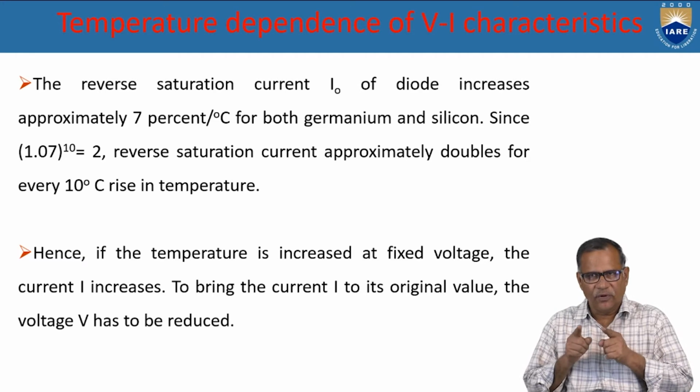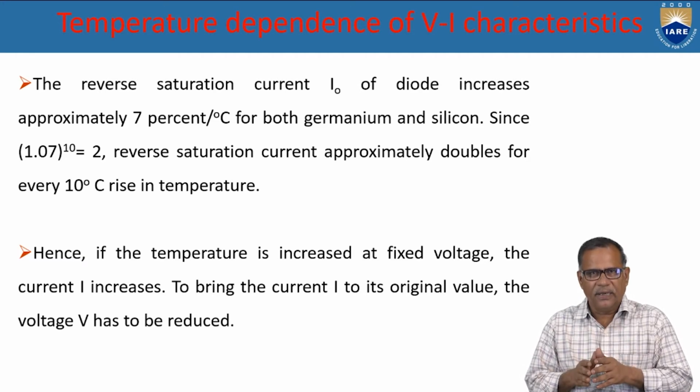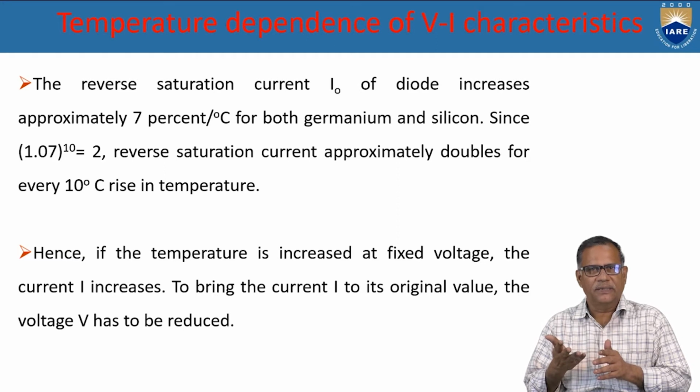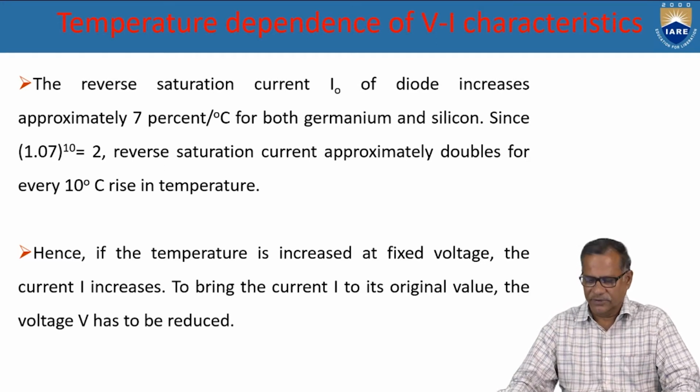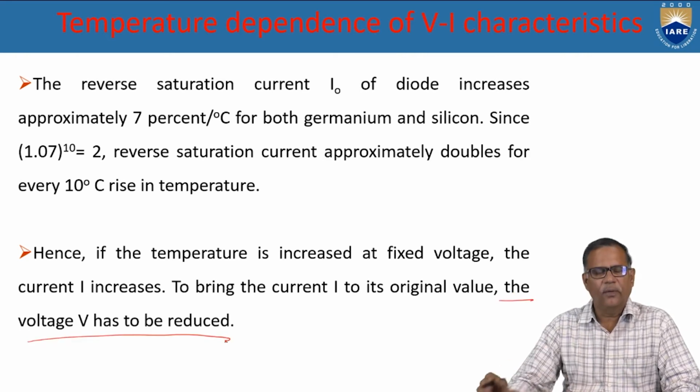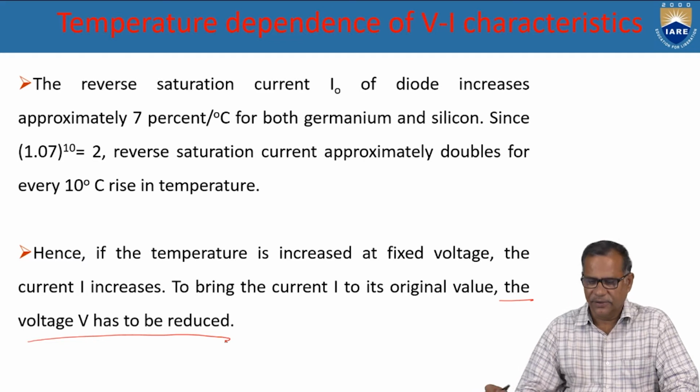But in case we want to keep the current constant though the temperature has increased, the voltage V across the diode has to be reduced.